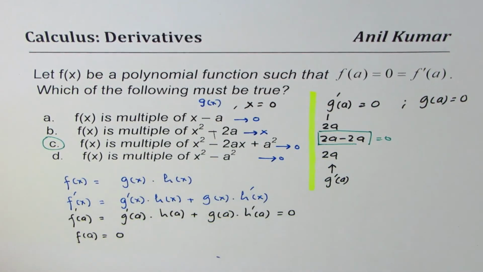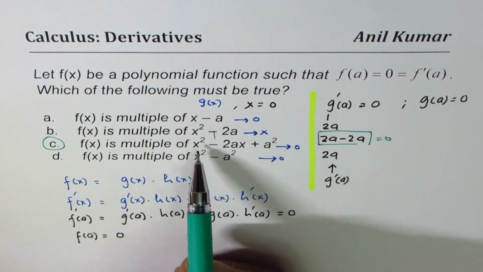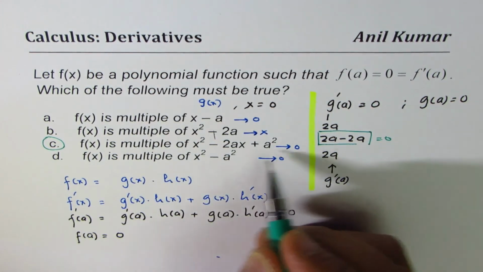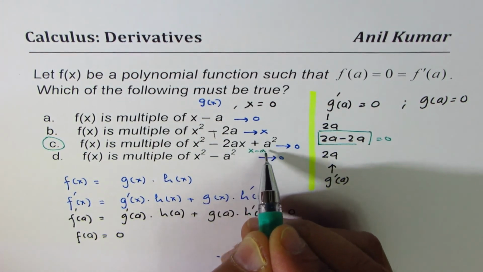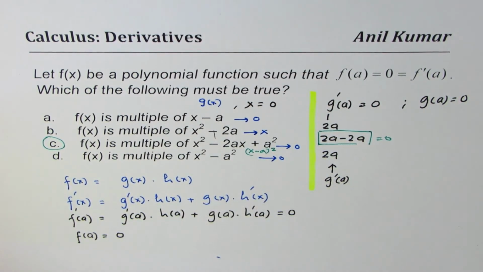That gives you the answer. So it is part C. You would also write this as x minus a whole square. That may simply make it easier for you to make a decision, right? So x minus a whole square could be the function in this particular case.